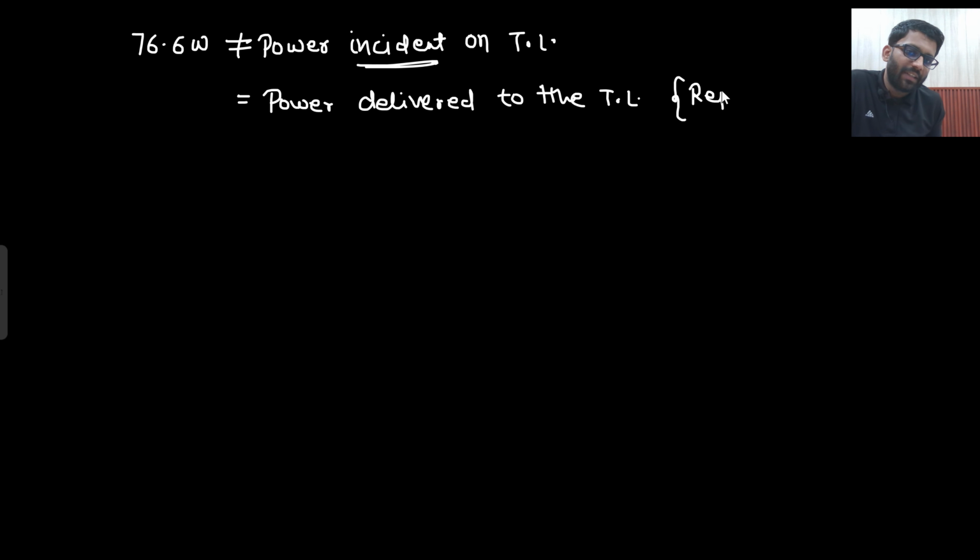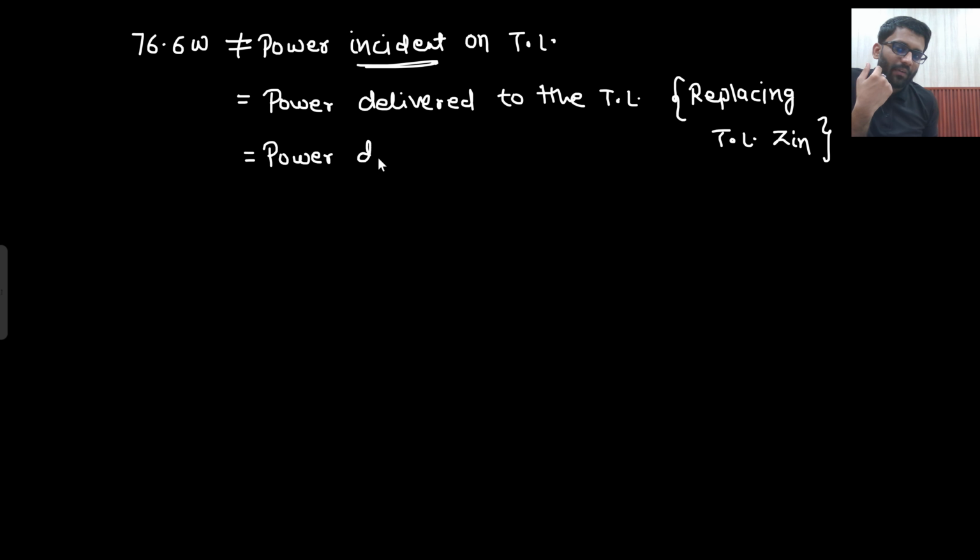Because we are replacing the transmission line with Z-in, not Z0. If you have replaced your transmission line with Z-in, that means you are finding the power delivered to the transmission line. And power delivered to the transmission line, we know, is equal to power delivered to the load. And here the load is the antenna.